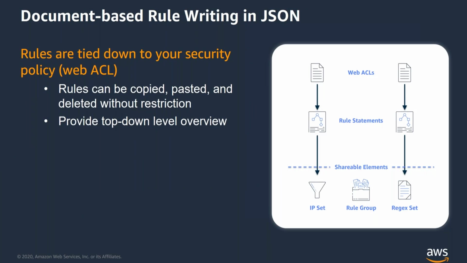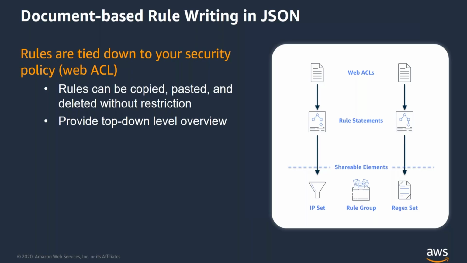We also introduced document-based rule writing with this release. In our old API, we used a system called reference-based rule writing. This made it really convenient to reuse the rules across multiple web ACLs, but made it difficult if you want to edit your rules, especially if you attempt to delete a rule that is referenced elsewhere.